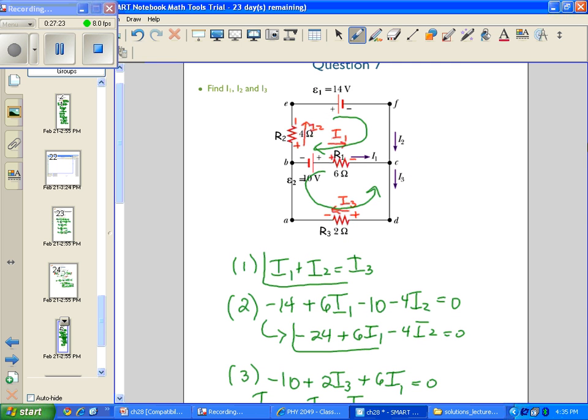Except that we recognize that in fact, I2 should have been downward along R2, and I3 should have been left to right across R3, but I1 was chosen correctly. So in fact, I3 goes into the junction, I2 goes out of the junction, and I1 goes into the junction.